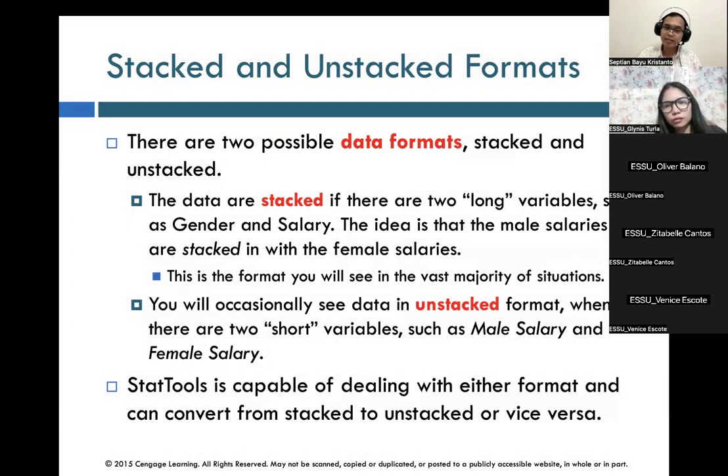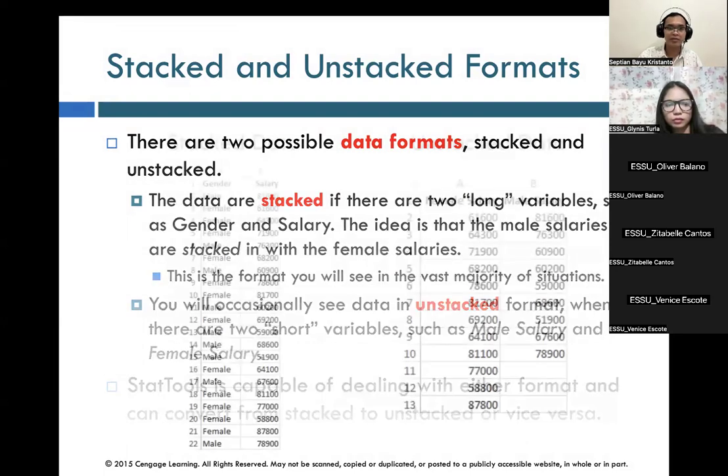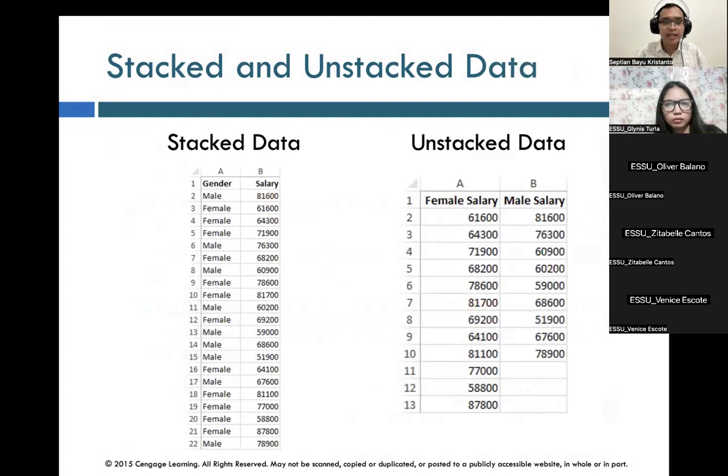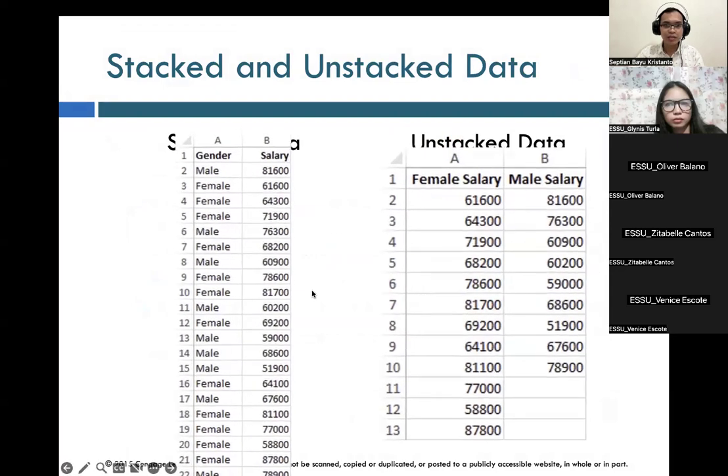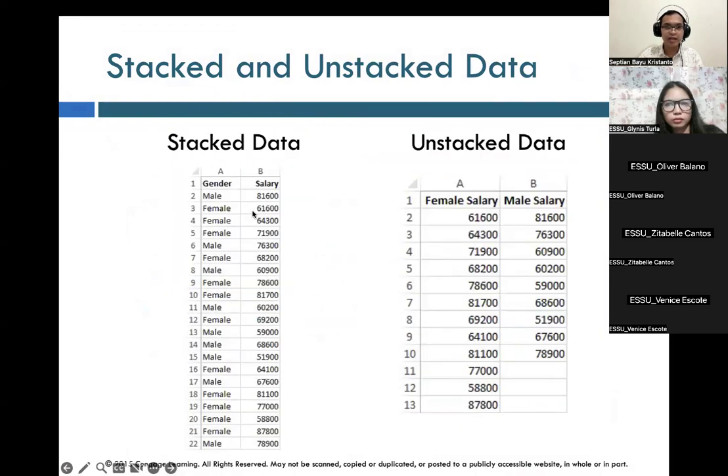The difference between stacked and unstacked data is about similar values. The stacked data contains a similar group of data like this. If you look at the gender and the salary, we have 22 data of gender and 22 data of salary. This is the format of stacked data. But the format of unstacked data consists of different numbers of data.